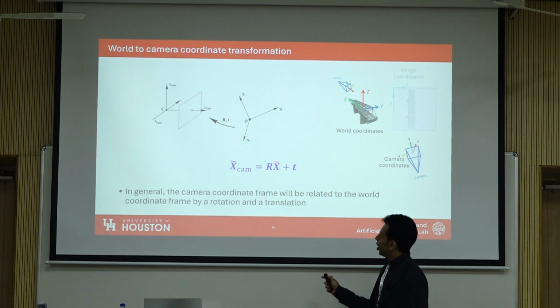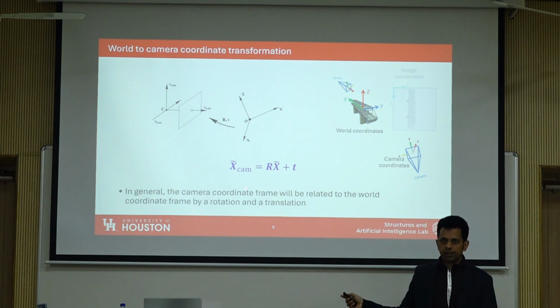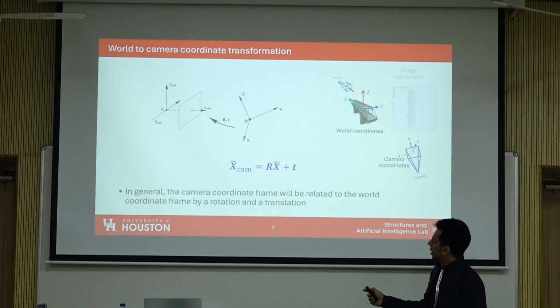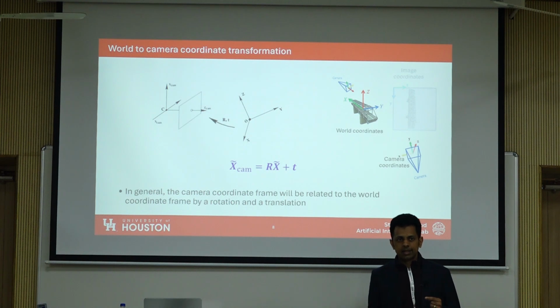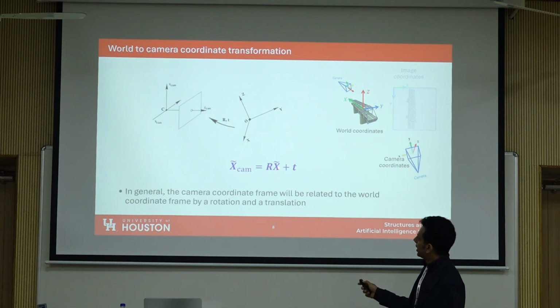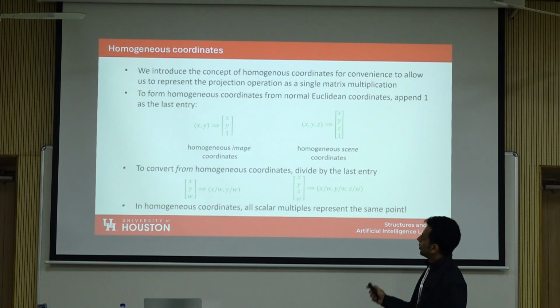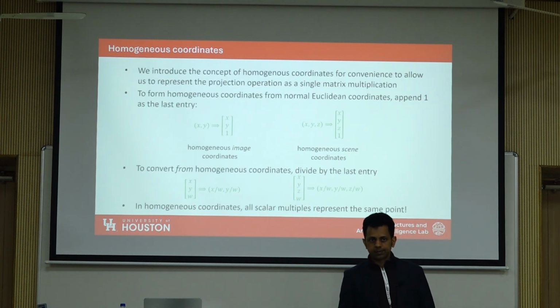Now, here we have two operations that we need to do. We have a matrix multiplication followed by an addition. But what people have done is to make this more convenient and to have a single operation instead of having two, they rewrite the coordinates as something called homogeneous coordinates.